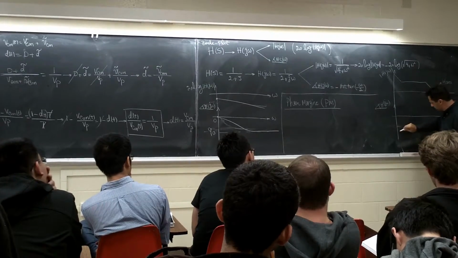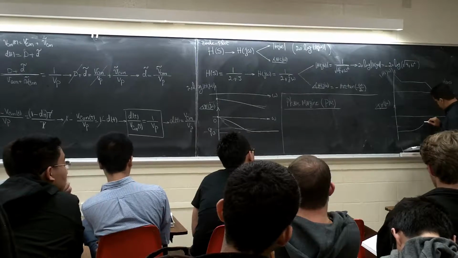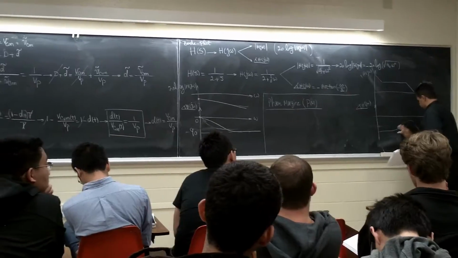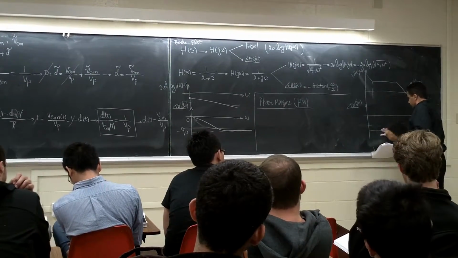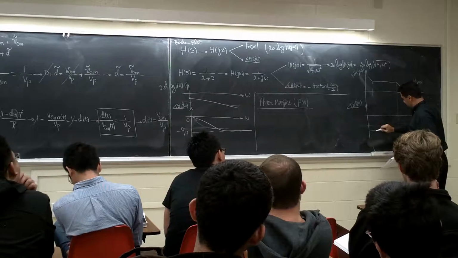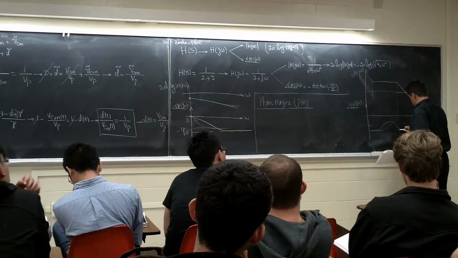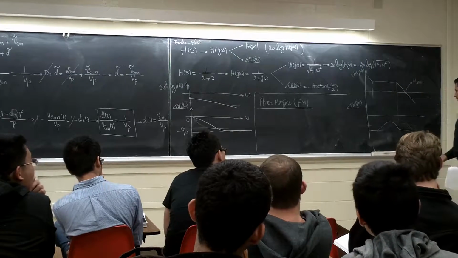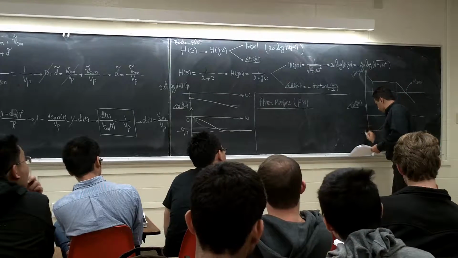I use this one because this is exactly what we're going to have later. Let's say we had a transfer function. It had a phase margin like this. This is minus 90, and this is 0.